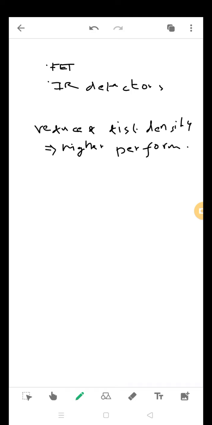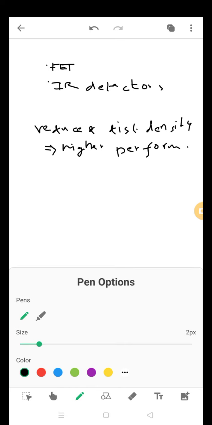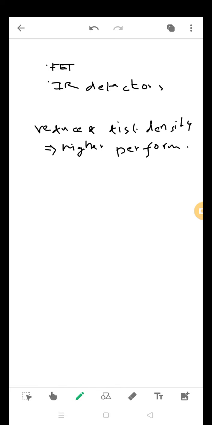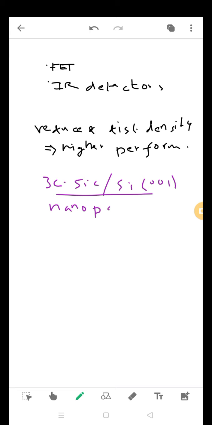Now this nano patterning that we are talking about, on 3C-SiC on silicon 001 substrate, can take place by two methods.